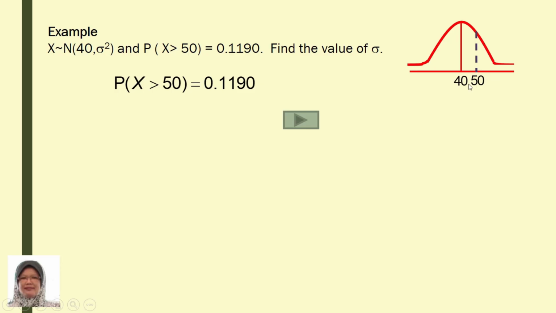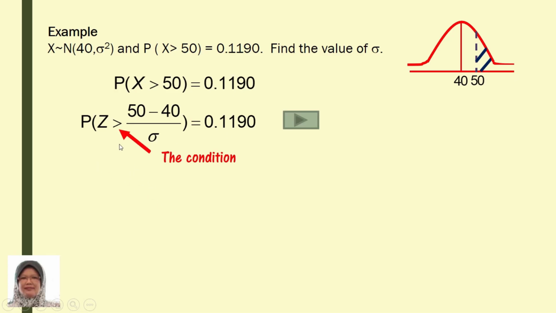Mean is 40 and we draw a line at 50, and the area P(X greater than 50) is 0.1190, and we change to P(Z greater than (50 minus 40) over the standard deviation) equals 0.1190.